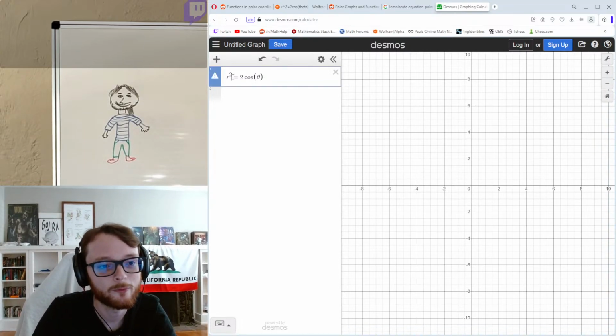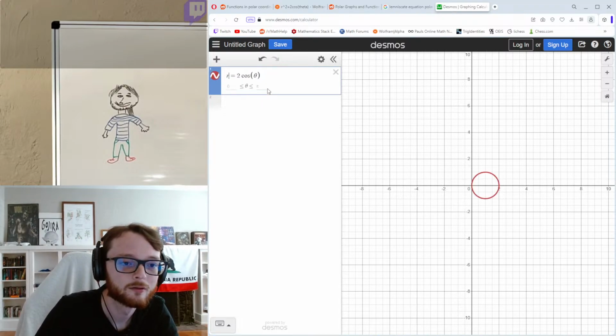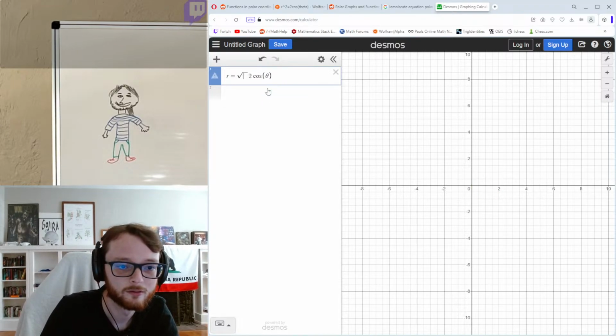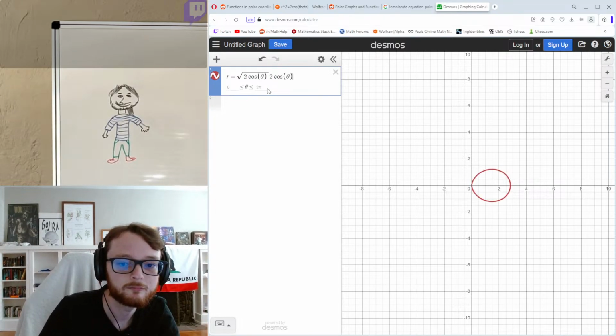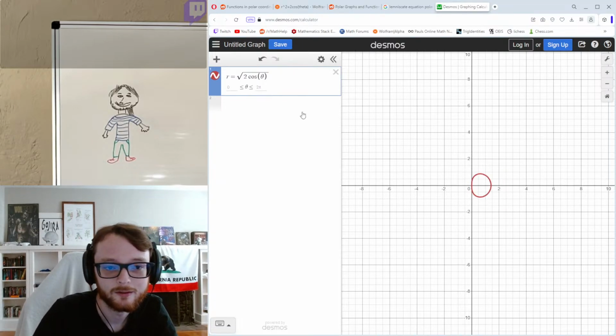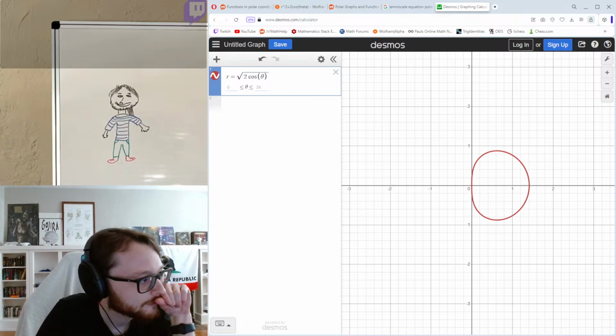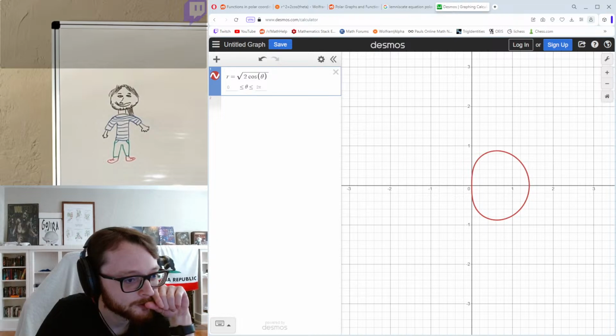Oh, that's right. Desmos doesn't like R squared. Ugh. Oh, that's a balloon. Anyway. Okay, never mind. Desmos is right. What was the... I don't know why I'm obsessing over this when it's really not that important.